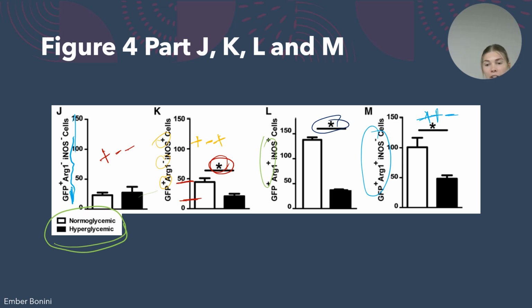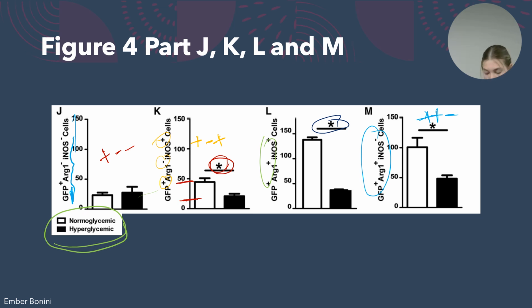And then with figure M, we still see that significance level even with the INOS being at a negative in that arginase 1. So overall, this is really showing the impact that arginase 1 has within these different normal glycemic and hyperglycemic conditions. And we're just looking at the peri-infarct tissue, and that's going to be just kind of like an overall resemblance of what's going on here.